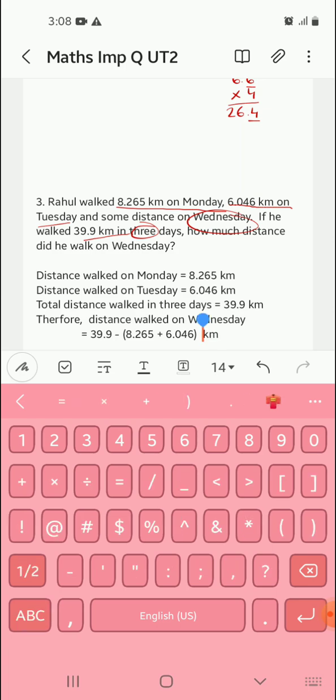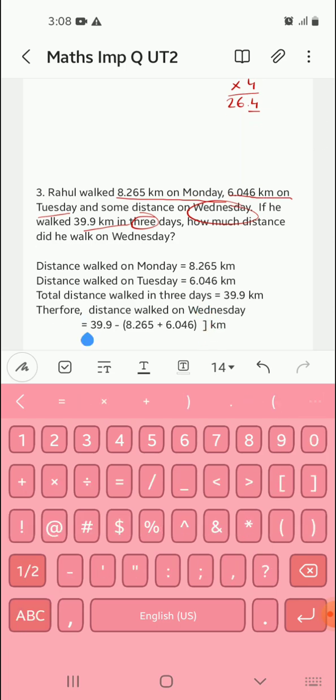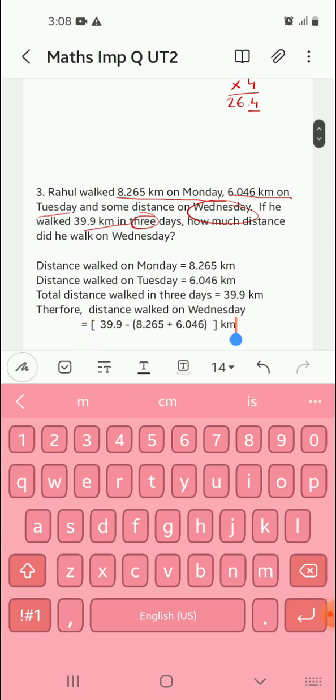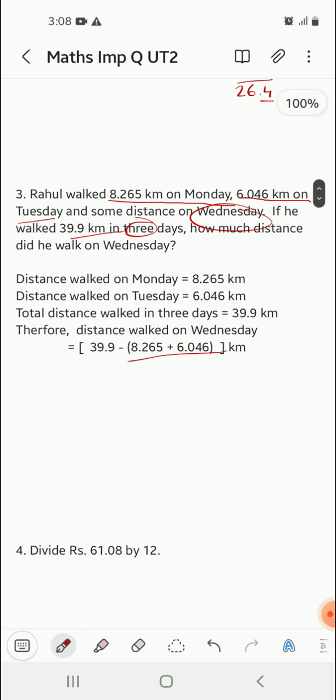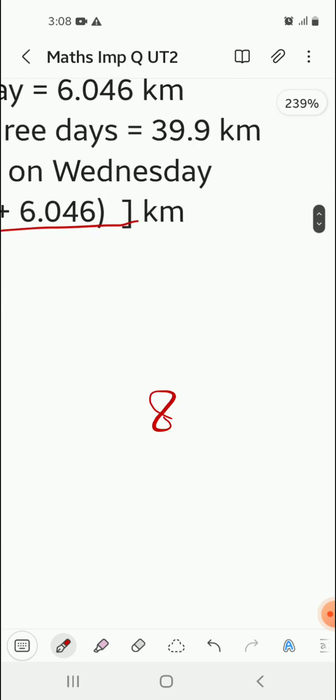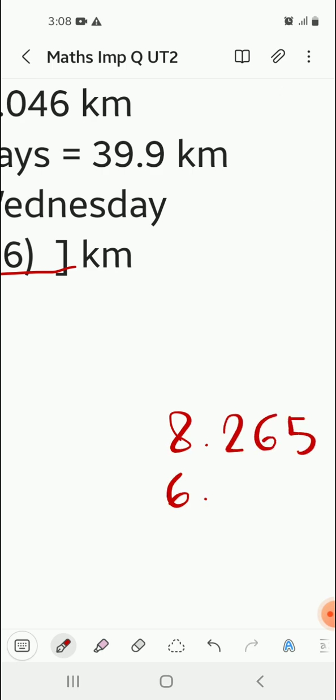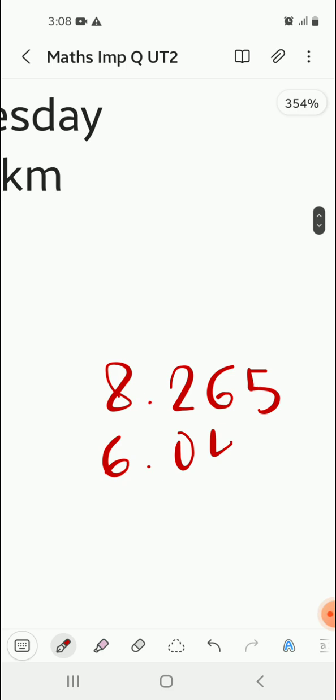So we'll put the entire thing in a bracket for simplicity. So this is how it is done. Now the first step is we are going to add these two numbers. So let's do it: 8.265 plus 6.046.